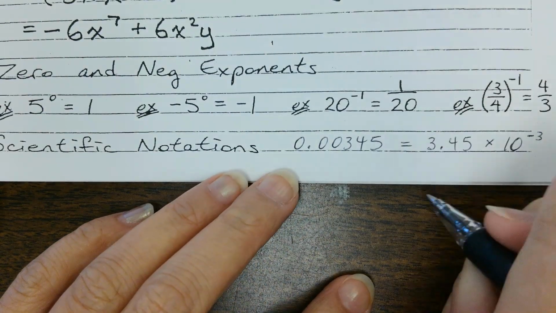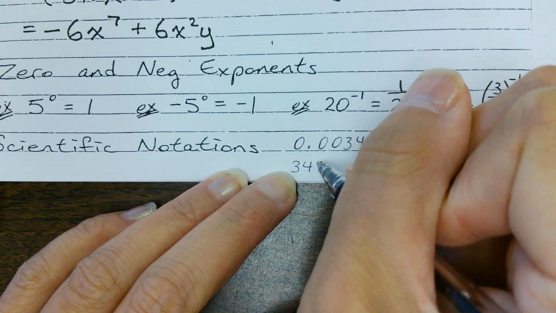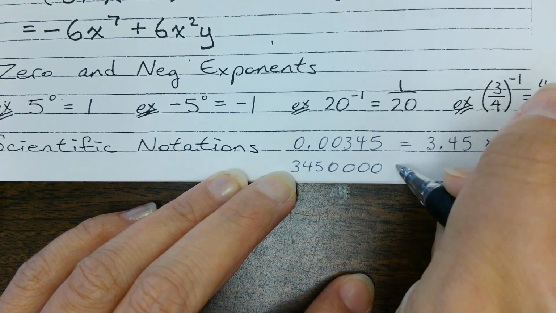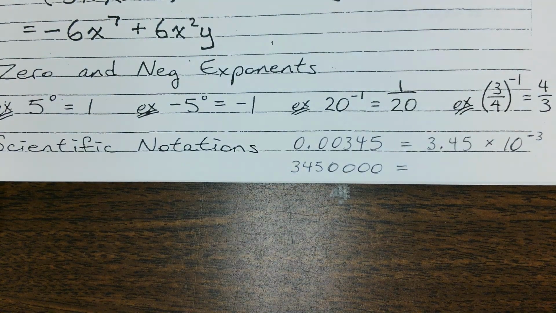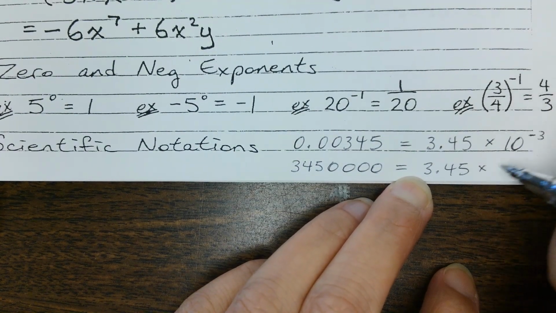Okay, and similarly, if I have 3, 4, 5, 0, 0, 0, 0, that is 3.45 times 10 to the power 6.